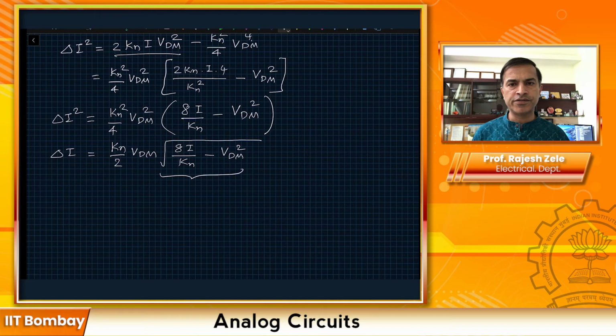So this equation is valid only when VDM is less than the square root of 8I divided by Kn. It has to lie between these two. Otherwise, the term will become negative, and that's really important.